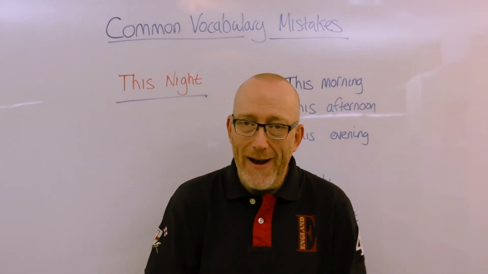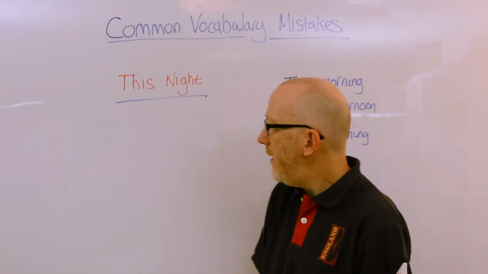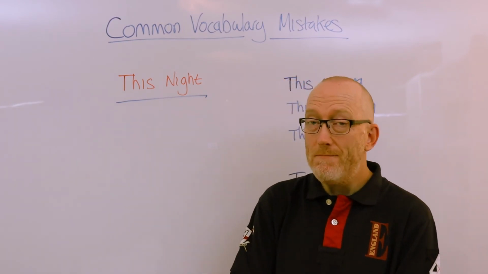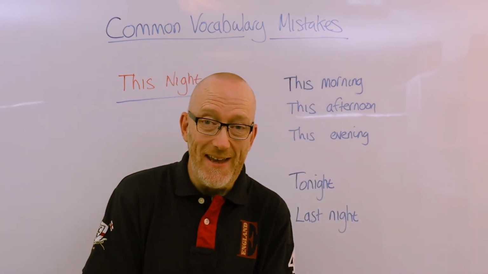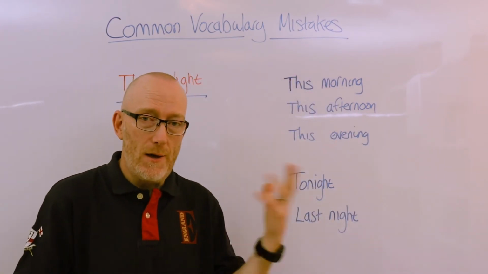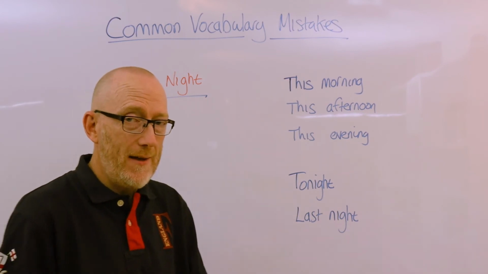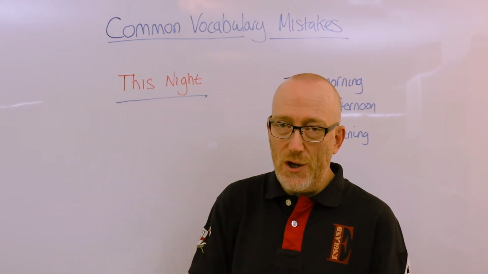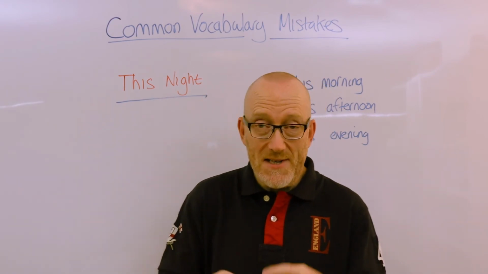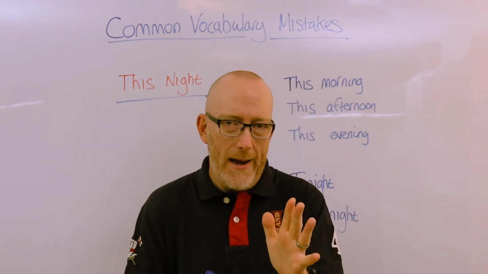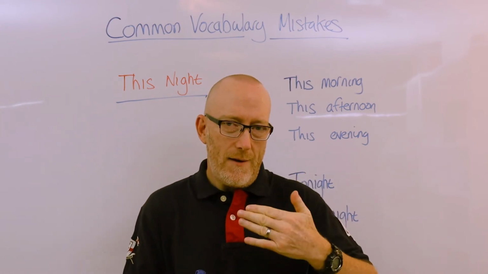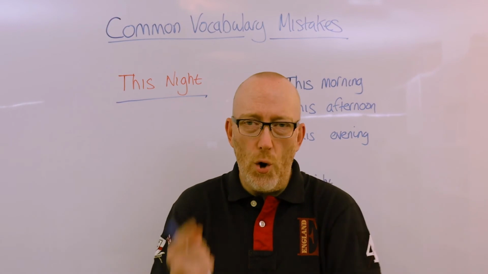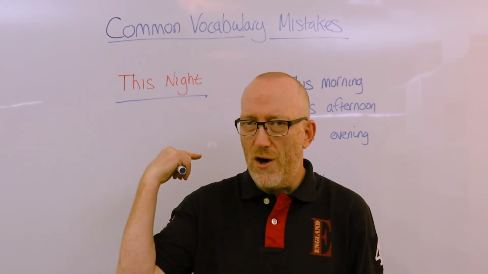So our final common error, common error number 5, is this night. Now, I think it's quite easy and obvious why lots of you use this night. It is usually used mistakenly to either describe the night that is in front of you, so the night that is coming next, or the night that has just gone.